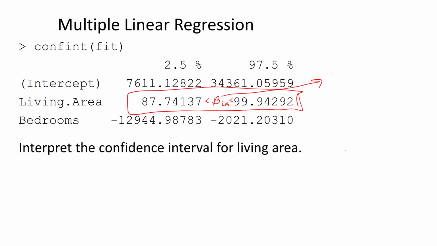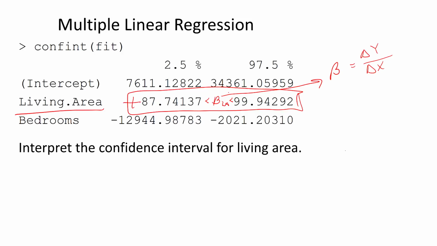And what is the beta coefficient? That is the change in the y over the change in the x by 1 unit. So what's our y here? Home sales, home price. And our x for this particular one is living area. So we're going to interpret it as living area increases by 1 square foot.